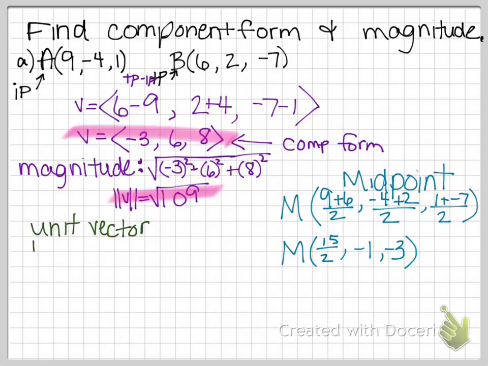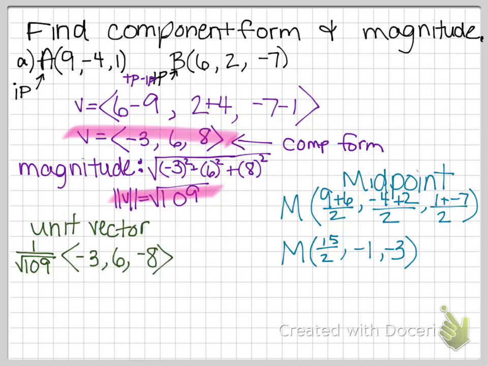Remember, I want to have 1 over the magnitude. So I'm going to have 1 over the square root of 109 times the vector. And my vector is -3, 6, -8.